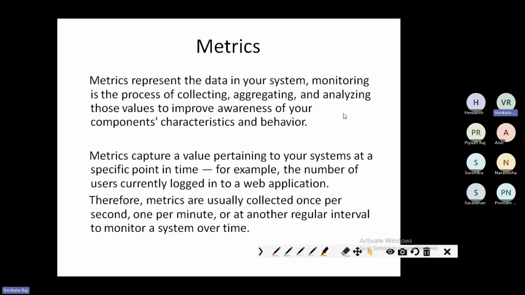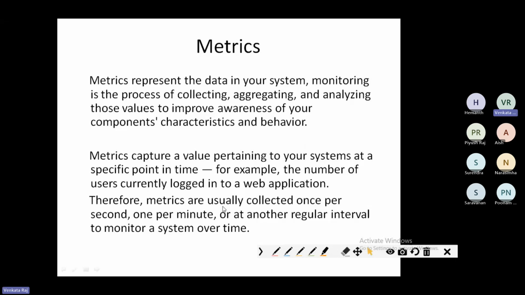Yes or no? We'll be able to create awareness about the health of the application, the behavior of the application, the characteristics of the application, or the different components inside the application. So metrics is basically the data in our system, guys.